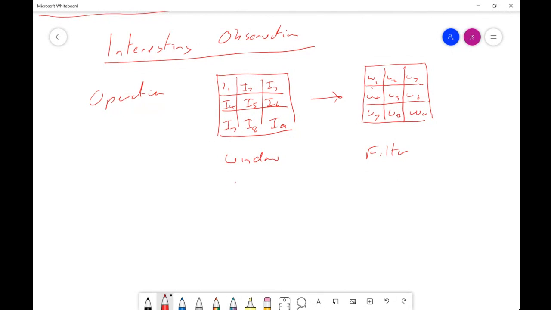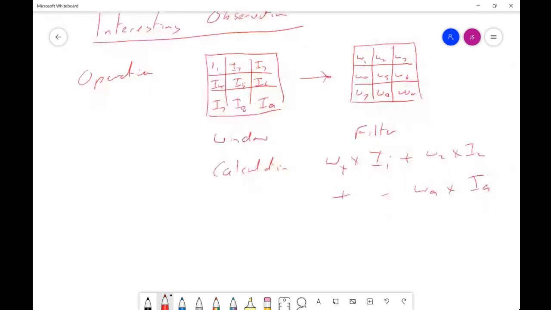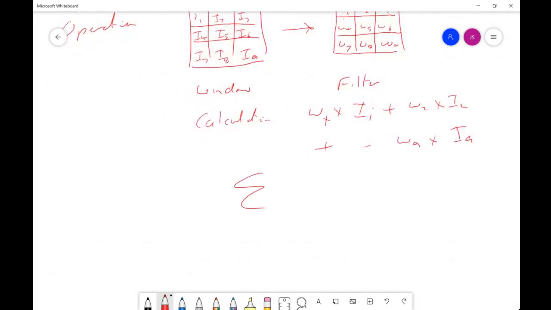We are calculating W1 times I1 plus W2 times I2 plus all the way through to W9 times I9. What we are calculating is sigma i equals 1 to 9 of Wi times Ii.